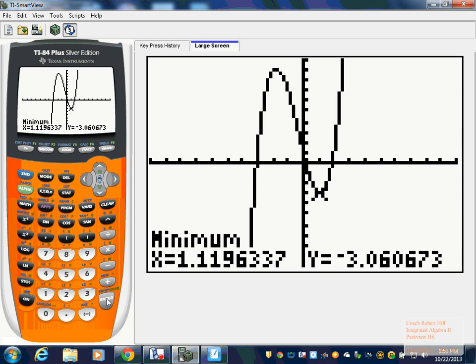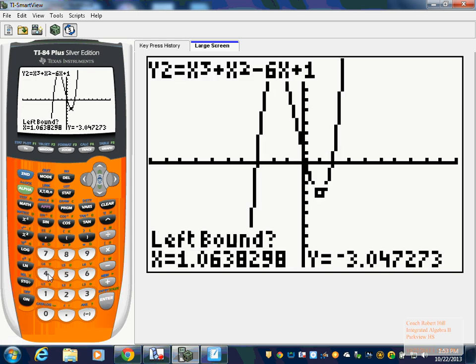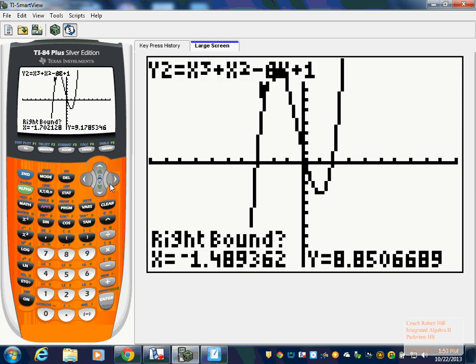Find the max. It does it for you. Second calc. Max. Got to get to the left of it. Got to get to the right of it.